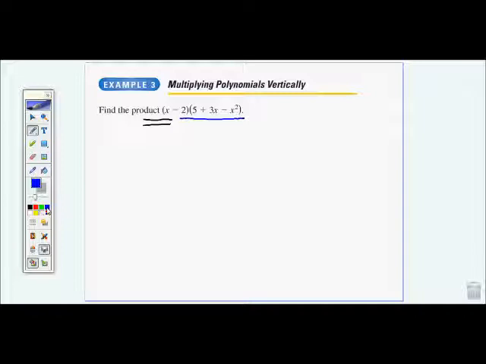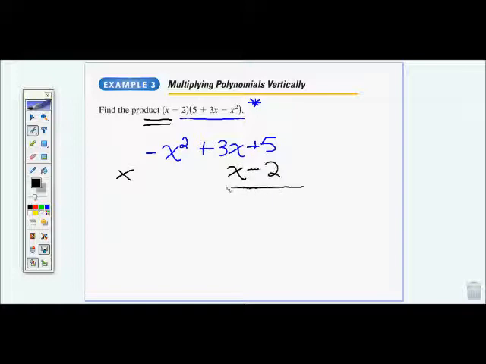I caution you though, put a little star here, let's put those into degree order. So we want negative x squared to be first, then we want a positive 3x and a positive 5. Now I can multiply that by my binomial x minus 2.